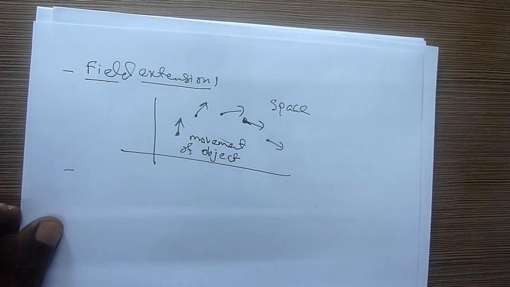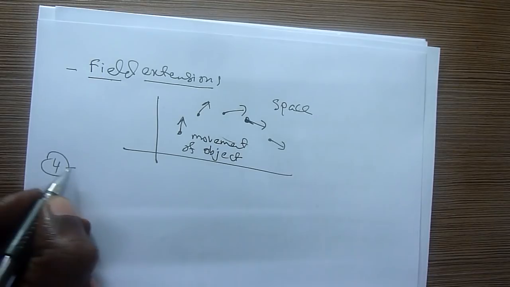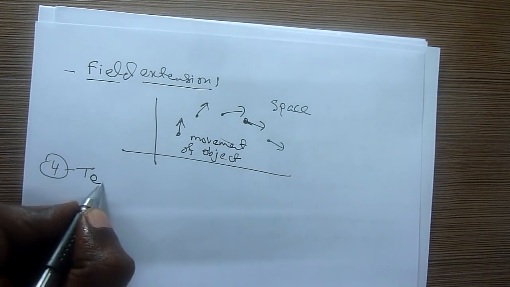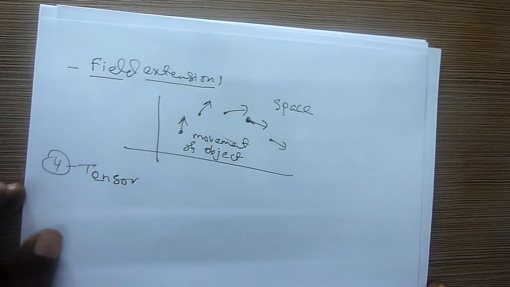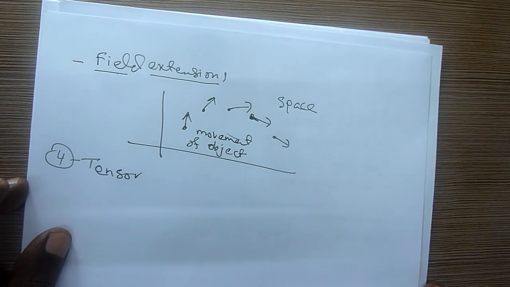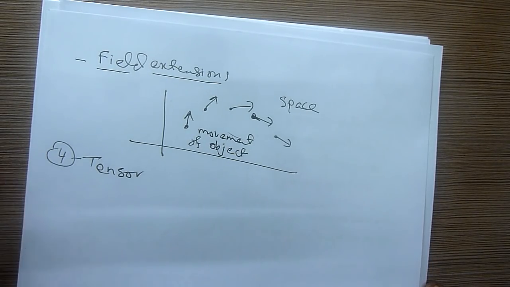Now on top of that, I encourage all the students to learn tensor as well. Although tensor is not in the coverage of this syllabus, I wish all of you to learn it as well, because tensor is a very powerful component and very useful for mechanical students.